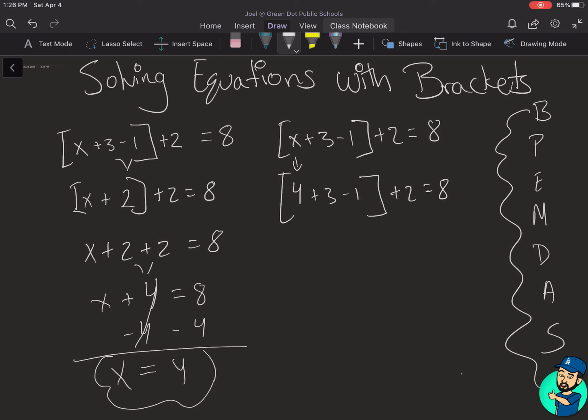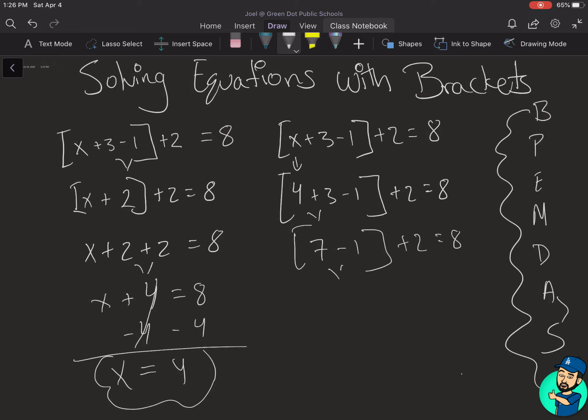Now again, solve everything that's inside the brackets first in PEMDAS. Now if you look inside the brackets, you can use PEMDAS in there. Addition and subtraction, whichever one comes first from left to right, you do first. So we're going to add 4 plus 3, which is 7. And I'm going to copy down everything else. Copy and paste.